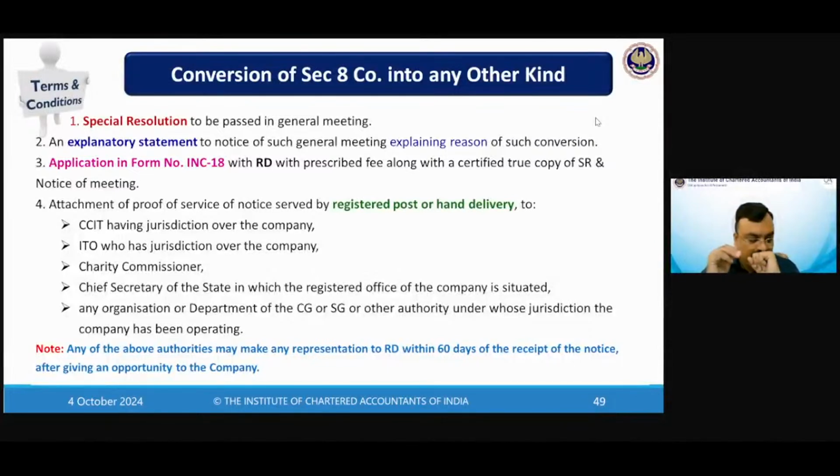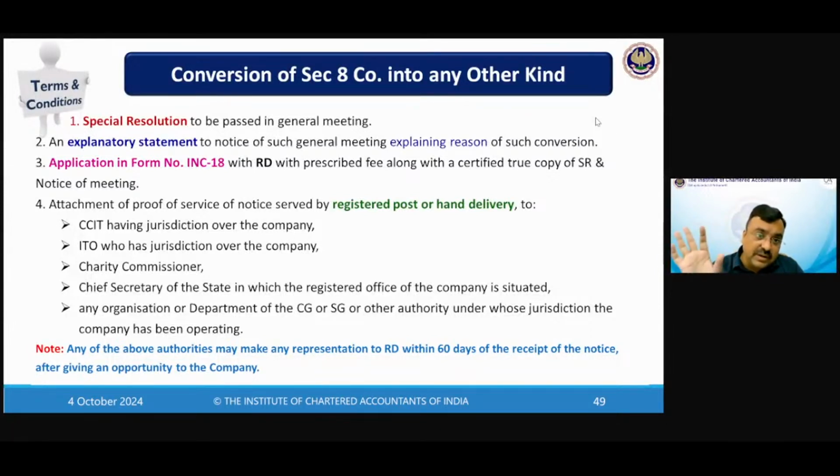A special resolution is required to be passed in the general meeting. Second important: an explanatory statement to the notice of such general meeting explaining the reason for such conversion.